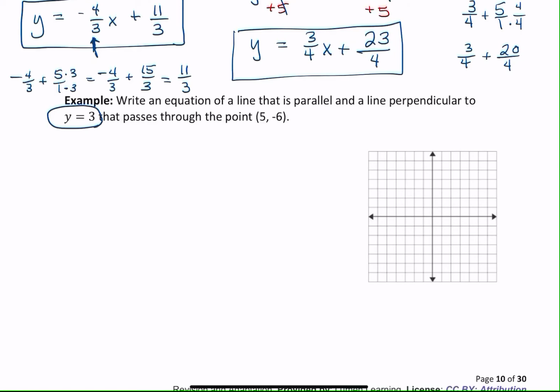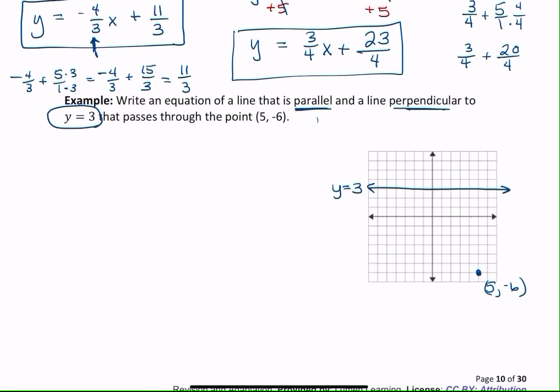So that's going to be the horizontal line that passes through 3. Now I want a line that's parallel to that and a line that's perpendicular that passes through the point (5, -6). So this point right here is (5, -6).